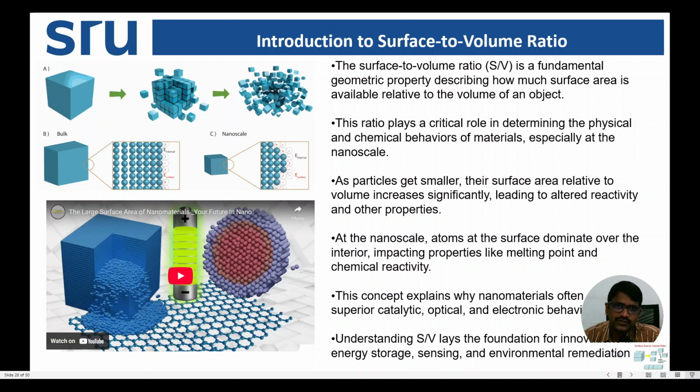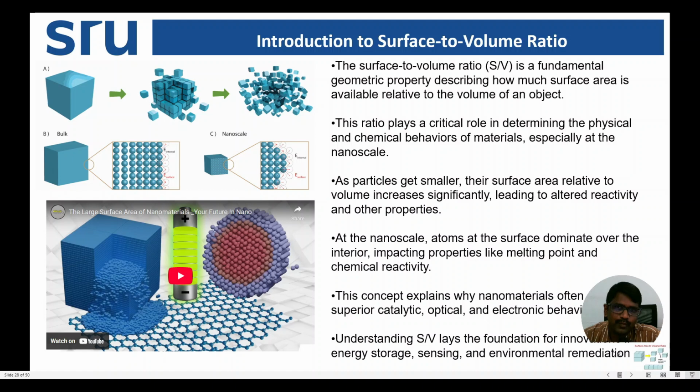Only the atoms, only the molecules at the surface interact or participate in any chemical reaction. That's why surface area is very essential. If surface area is less, that means in the bulk stage, fewer atoms are exposed or available to participate in any reaction.